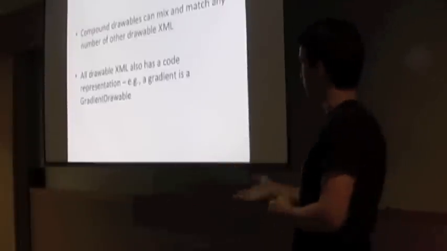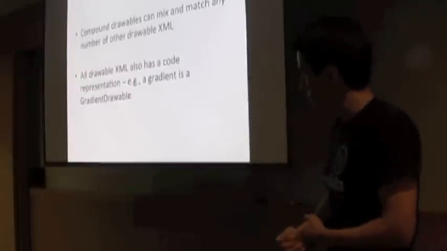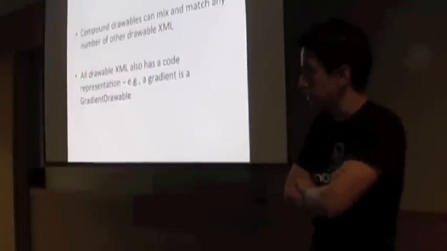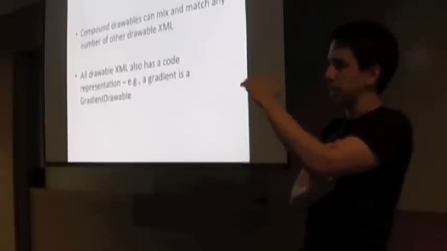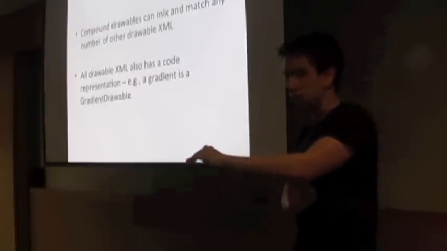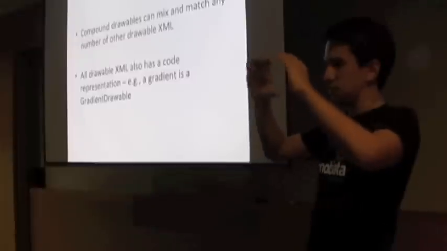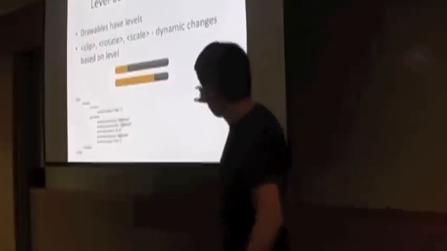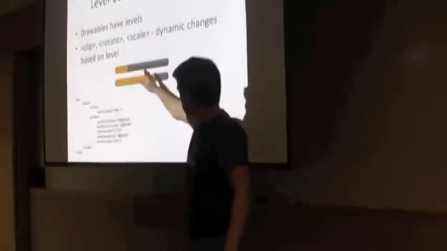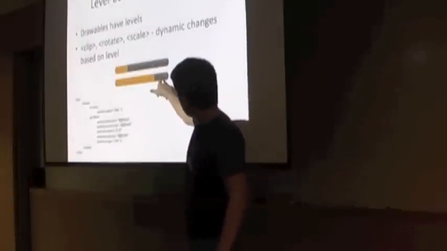It looks very cool. Like the progress bar, for example, is actually both a layer list and a clip drawable and a shape all in one. Because the progress bar itself is 3 layers on top of itself. Let me go back to that image of it. So there's a secondary progress that can sometimes show, which is lighter gray.